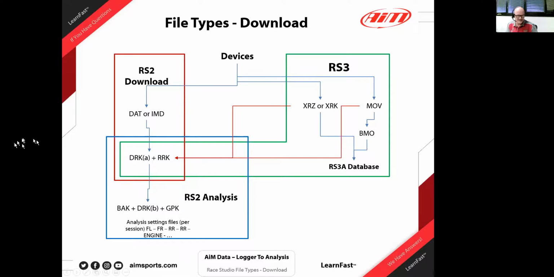Okay. I didn't remember. Yeah. While for Race Studio 3, the same happens with an XRZ or XRK file, and for MOV. MOV is downloaded from the SmartyCams or from the SD cards. Usually, I say that downloading MOV files from the SmartyCam is a job for the brave, because it takes a lot of time.